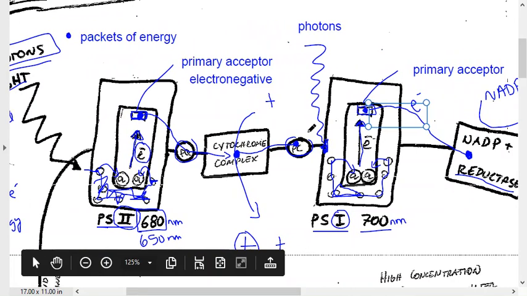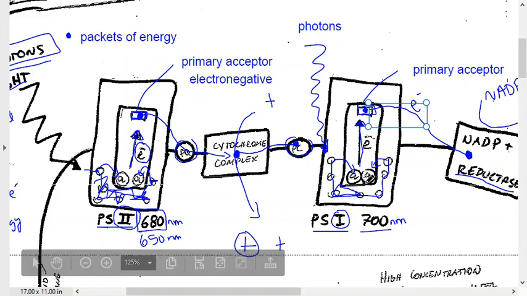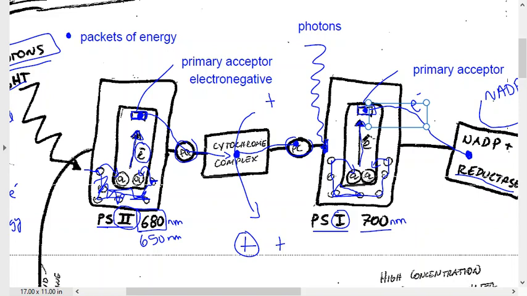All right. The hole that this chlorophyll A molecule in the reaction center has, because remember, its electron traveled all the way up to the primary acceptor and then all the way over to NADP reductase, this hole easily gets filled by the electron coming from photosystem 2.